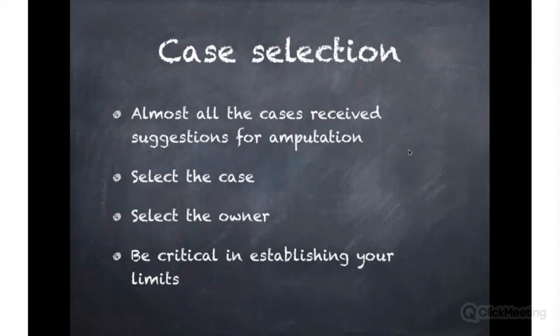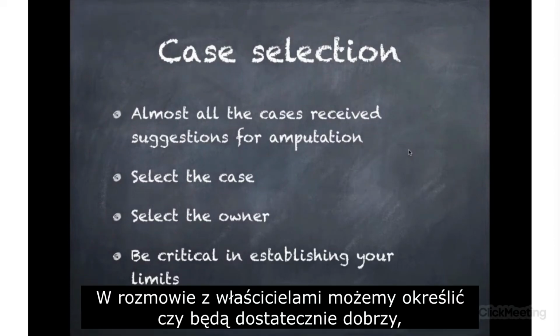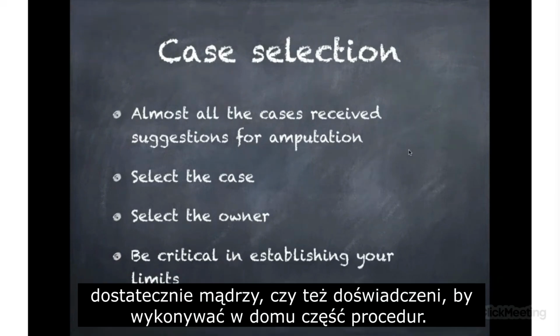These are the two options. If we talk with the owner, we can realize if they can be good enough or smart enough or experienced enough to manage some of the procedure at home.